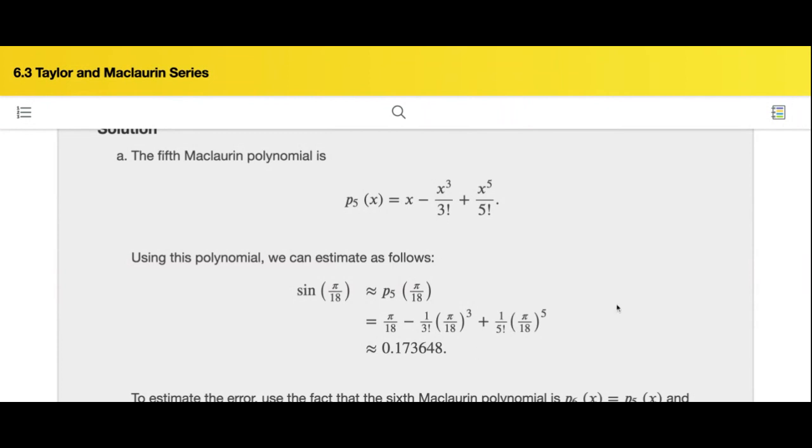Again, that's exactly what our calculators do. When we key in sine of pi over 18, provided the calculator is set to radian mode, the calculator will return 0.173648. It may have more digits on a more advanced calculator, and fewer digits on an even simpler calculator. Does anyone have any questions?